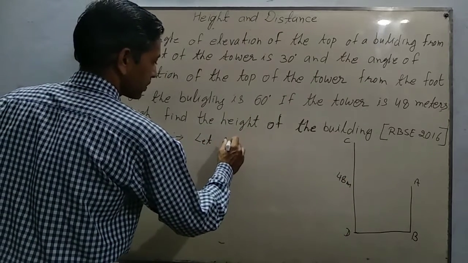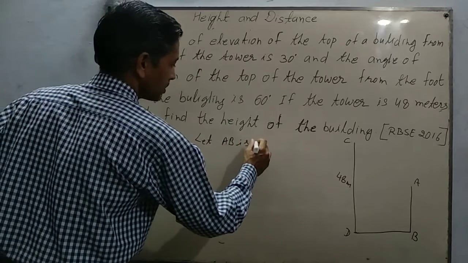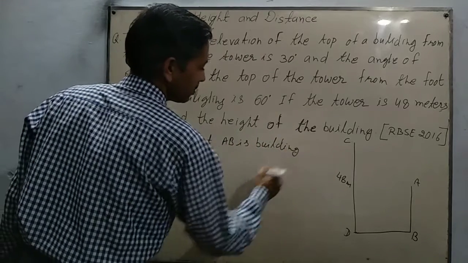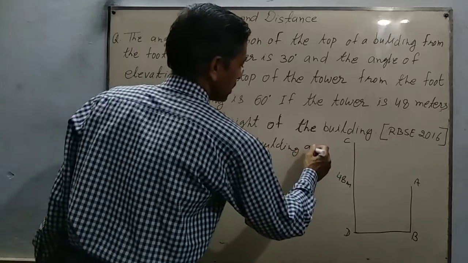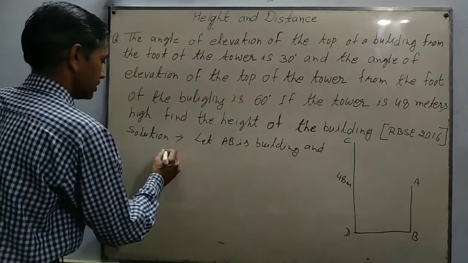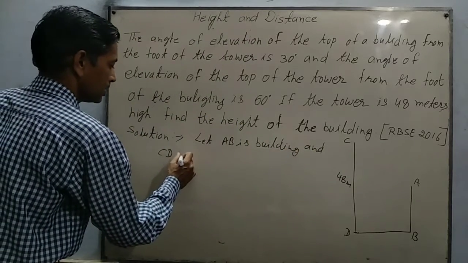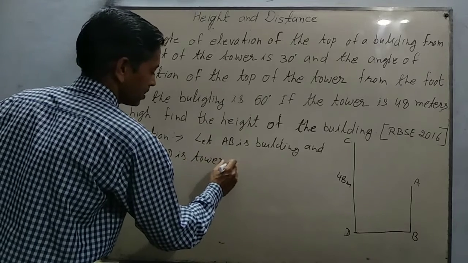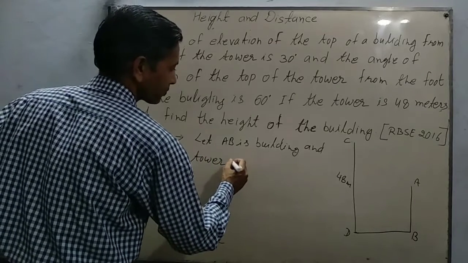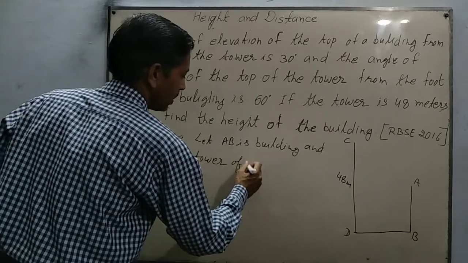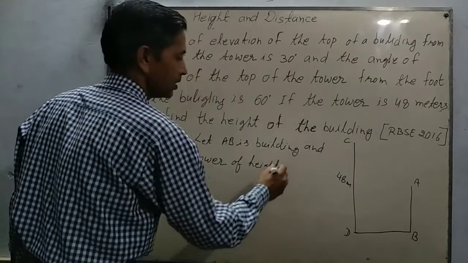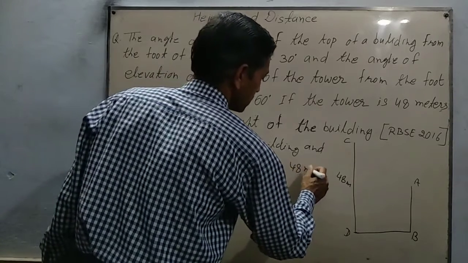Let AB is building and CD is tower of height 48 meter.